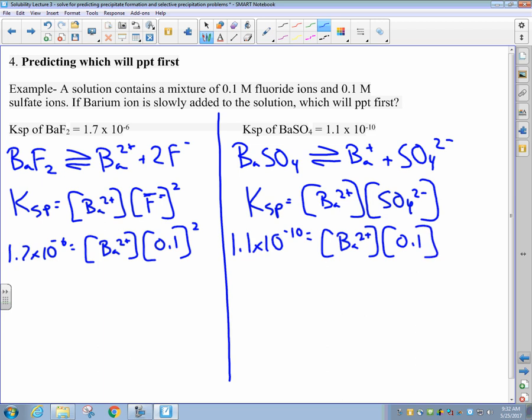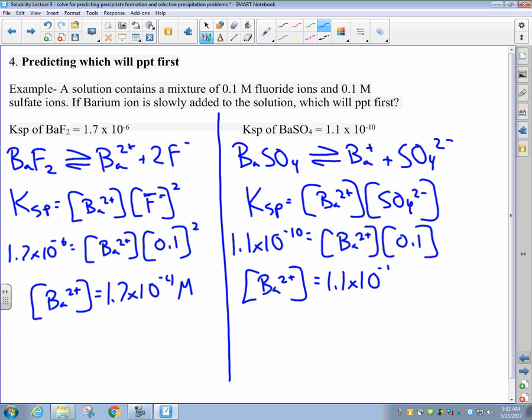So I solve for the barium concentration on both sides. This side, it's going to be 1.7 times 10 to the minus fourth molar. On this side, our barium concentration is going to be 1.1 times 10 to the minus ninth molar.